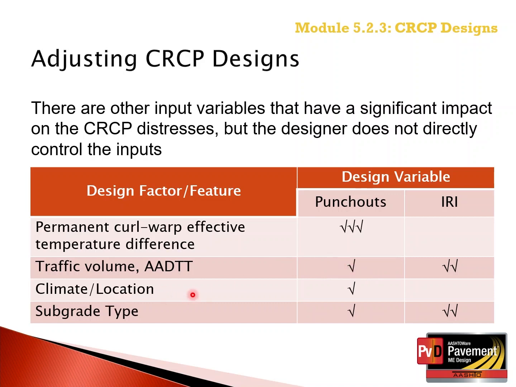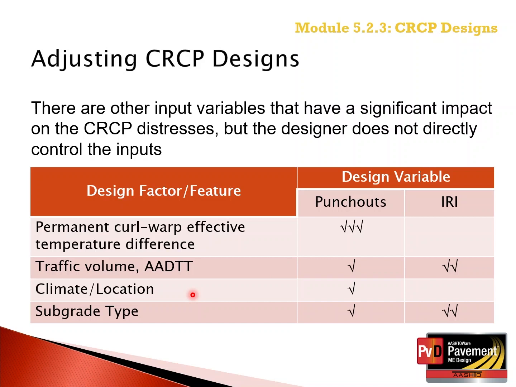And then the climate and/or location has an impact on punch-outs, but also would have a much larger impact on IRI because of the site factor variables that are related to cracking.